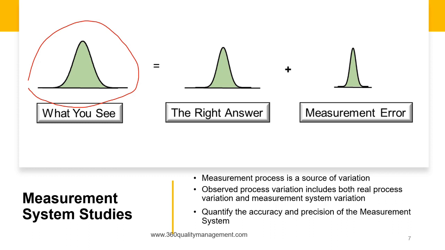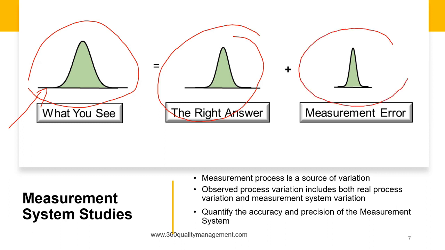When we plot a chart, it is actually showing the observed process variation, which could include both the real process variation itself, which comes from the process inputs of maybe man, machines, methods, materials, and even environment, and also the measurement error itself from the measurement process.